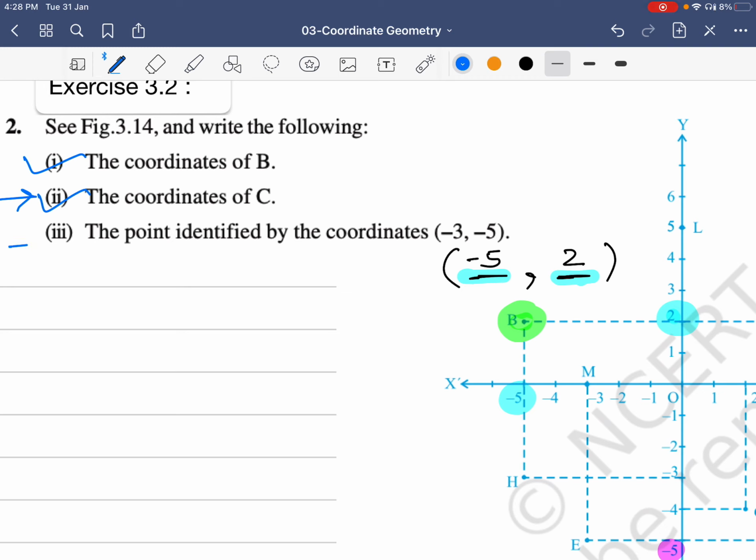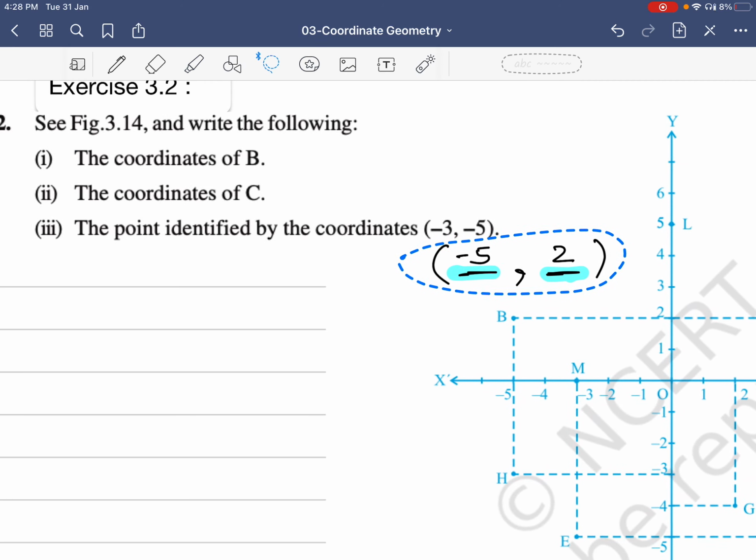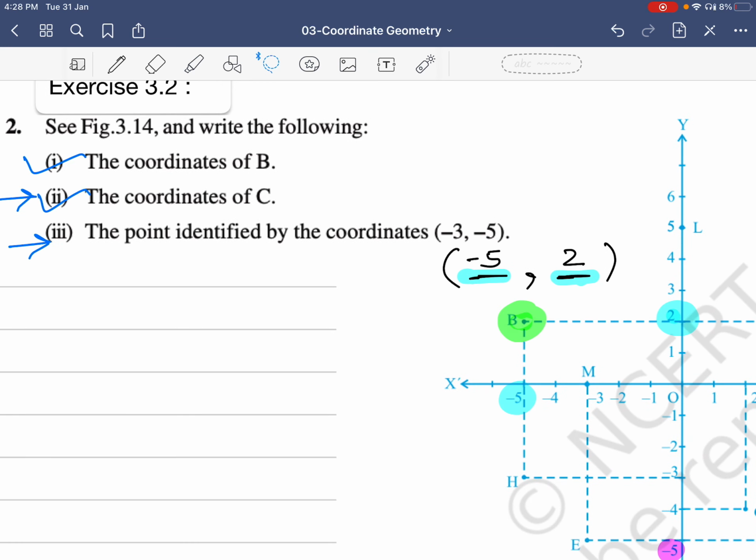Now the third question is the point identified by the coordinates -3 and -5. Let us first take this down here.